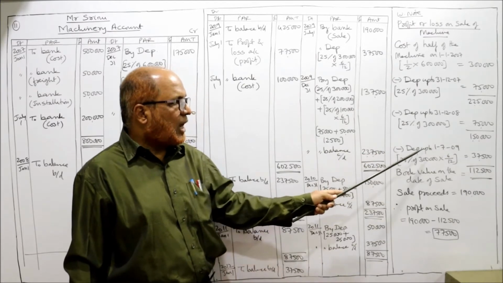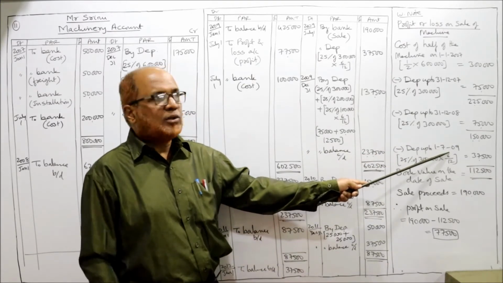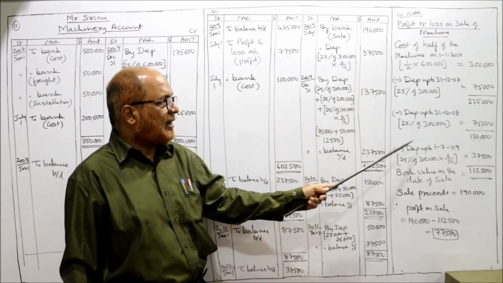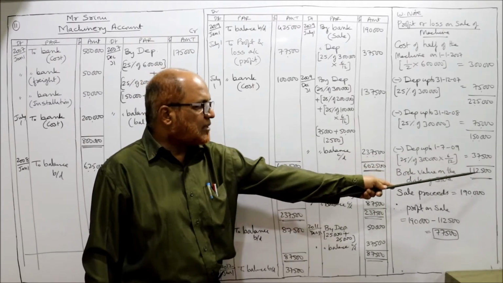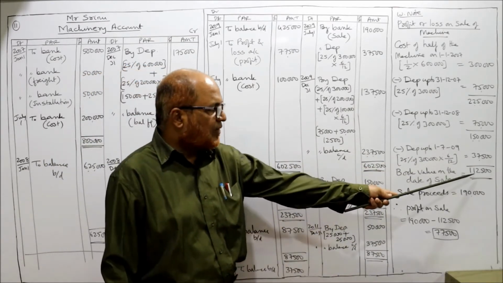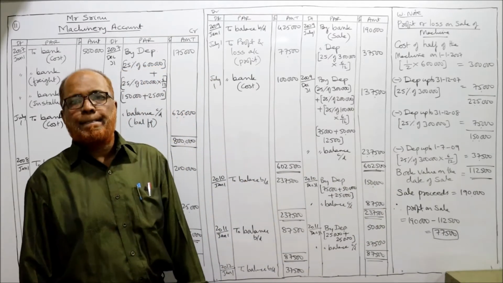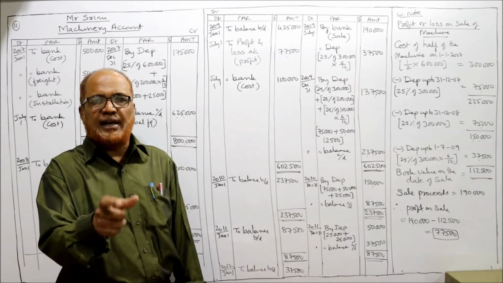Then depreciation up to 1st July 2009, half year, 25% of 3 lakh into 6 by 12, 37,500. Subtract. The book value of the machinery at the time of sale is 1,12,500. This is the book value of the machine on the date of sale.